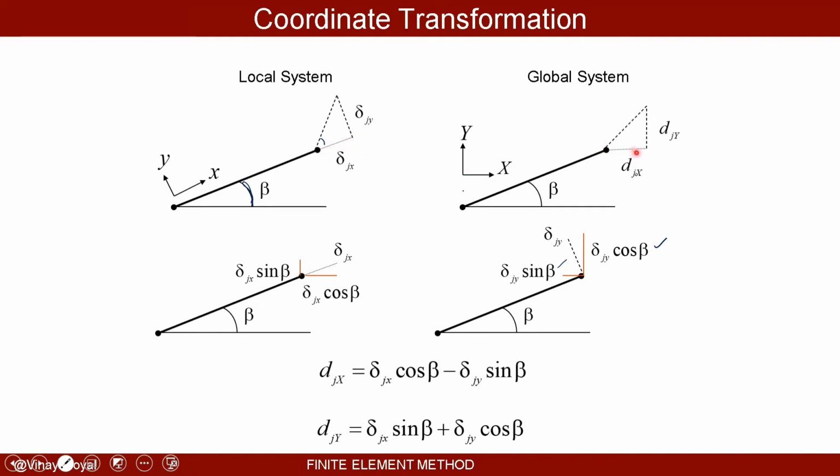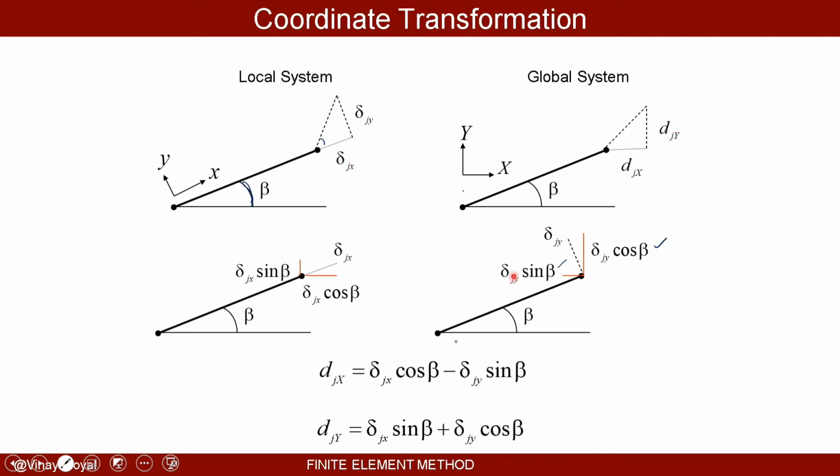Well, the way I did that was I decomposed delta jx into the x and y directions, and I decomposed delta jy into the x and y directions. And by doing so, now I can figure out how to relate Djy into these two components. So let's look at that.